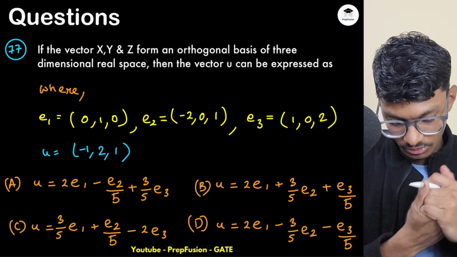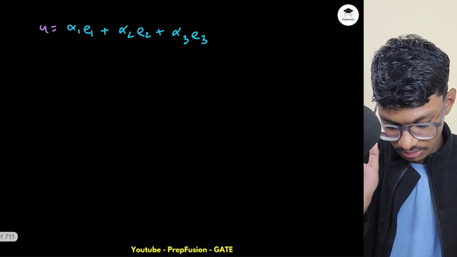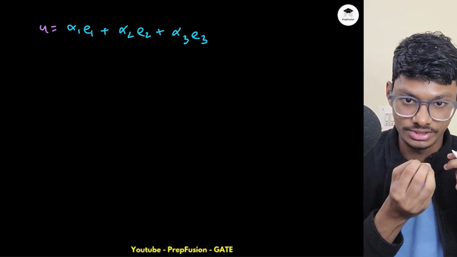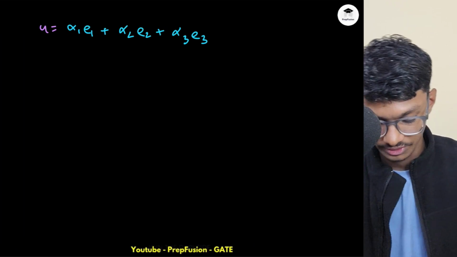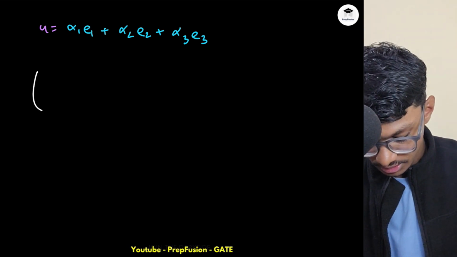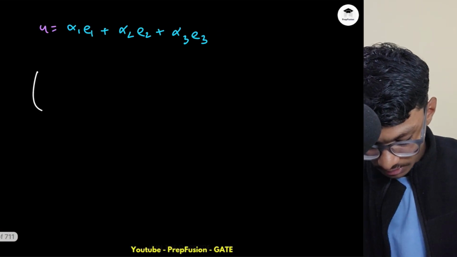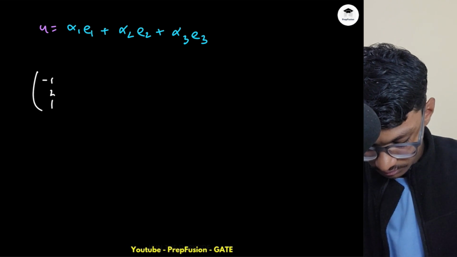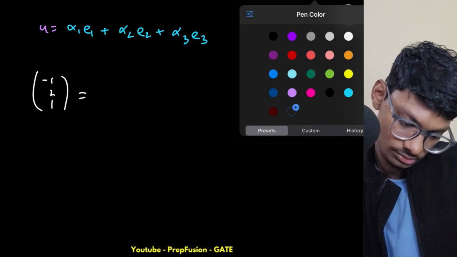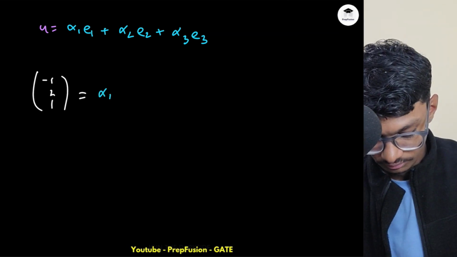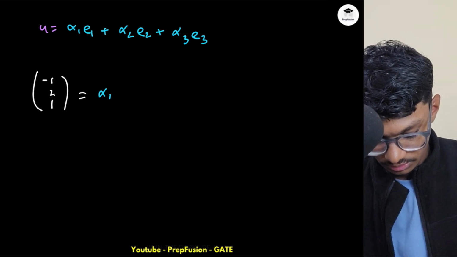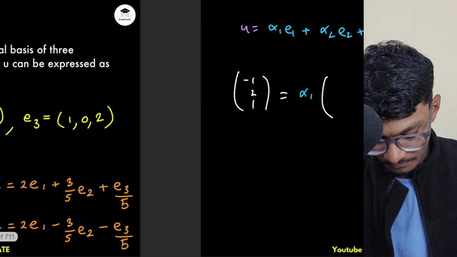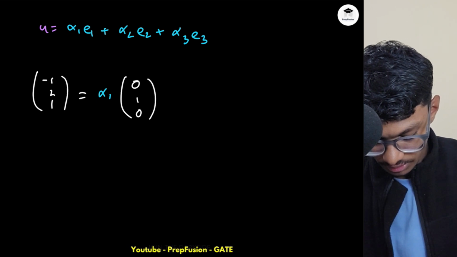We can directly write the equations, right? What is the equation? So basically, this u is minus 1, 2, 1. This alpha 1 is basically 0, 1, 0, right?